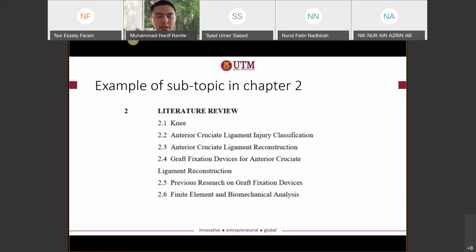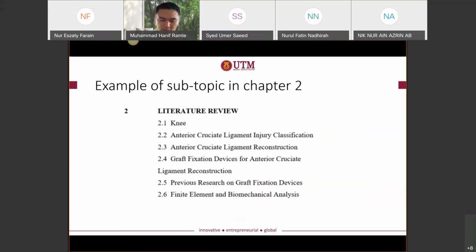I have had cases where the external examiner is from pure mechanical but the student is from biomedical. The external examiner will not know the knee joint very well, so we have to include such information to make sure the external reviewer understands the content that you want to deliver.